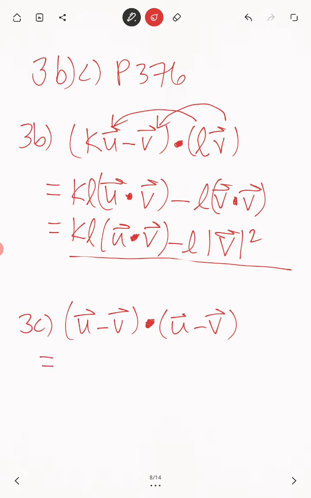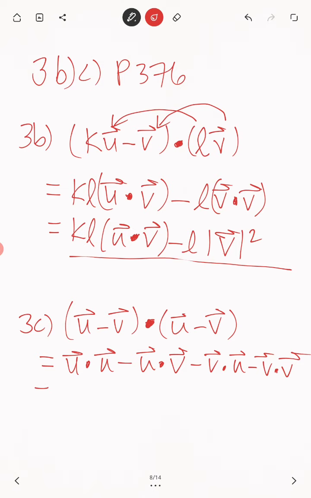So here we could apply distributive property again, or a FOIL, since we have a binomial times a binomial. So that would give us U dot U minus U dot V minus V dot U minus V dot V. And then we can simplify this a little bit because U dot U is equal to the magnitude of U squared.